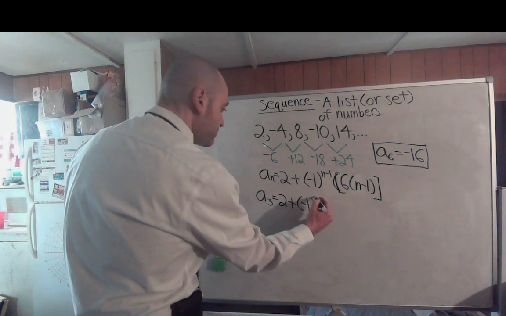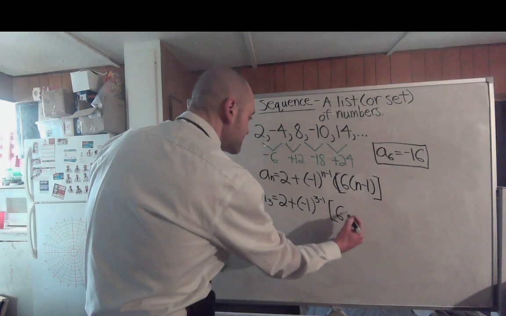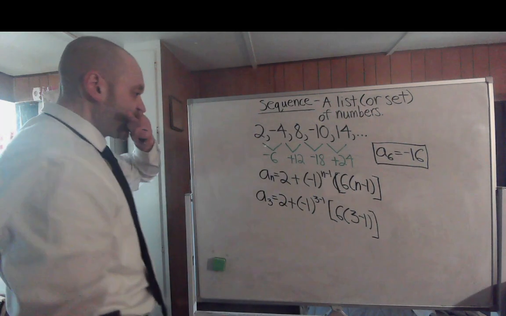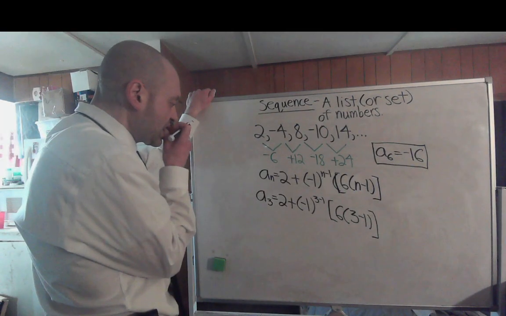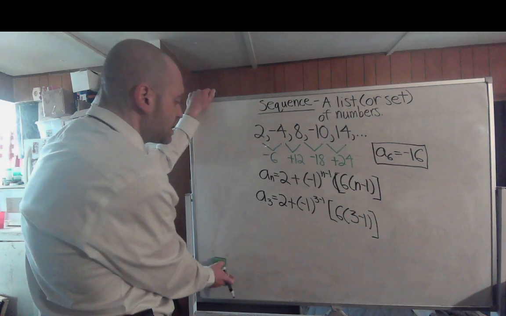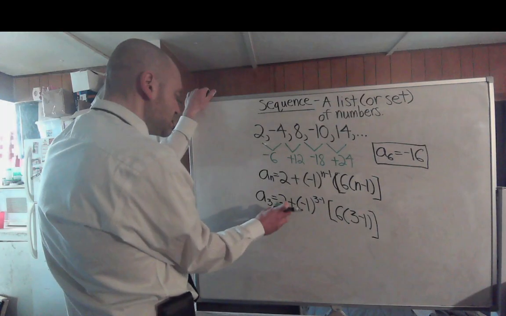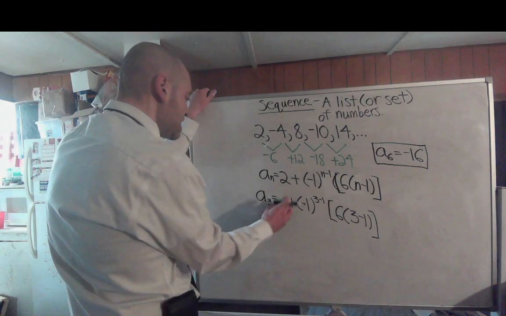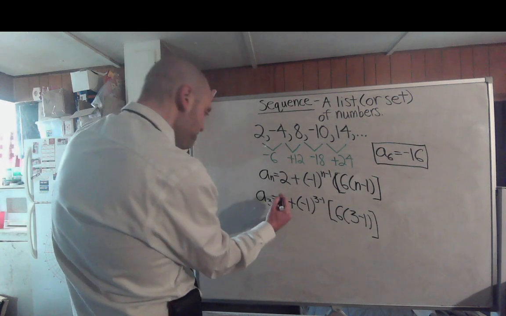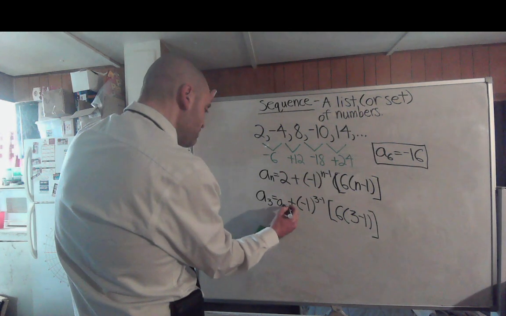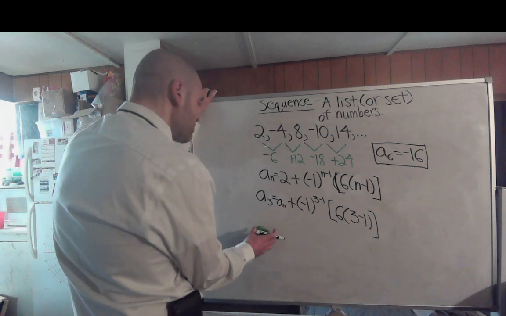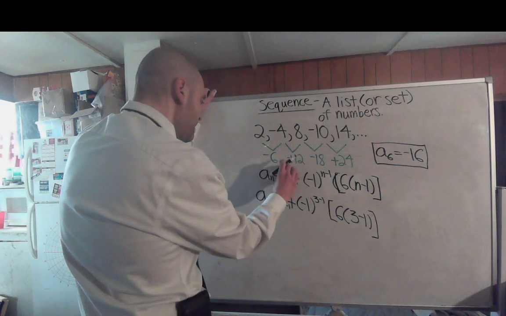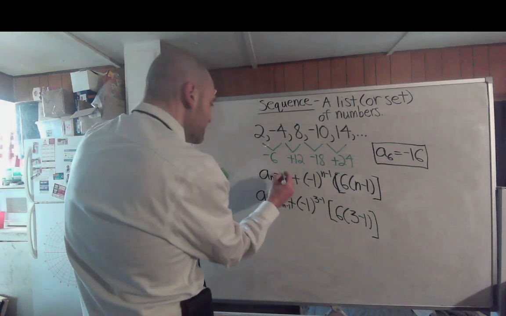This time it's going to be to the 3 minus 1 times the quantity of 6 times 3 minus 1. Yeah, I need to make an adjustment to this here.